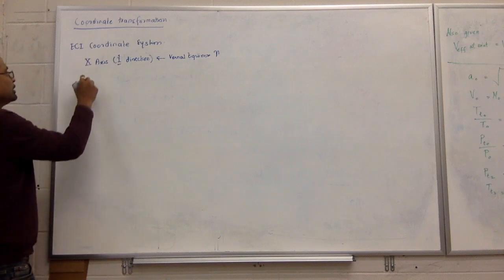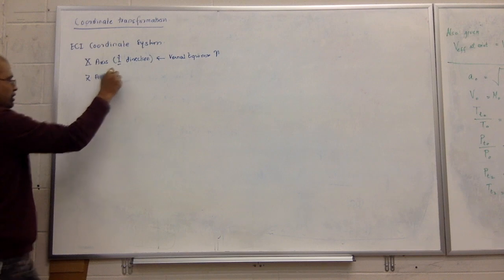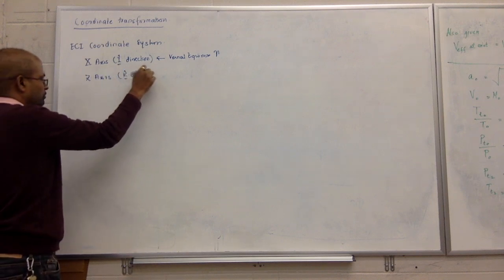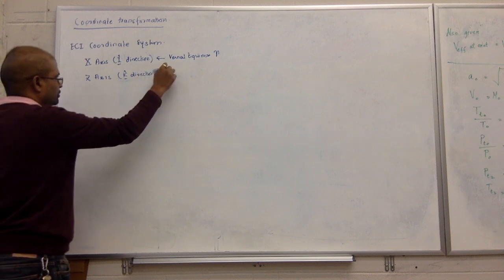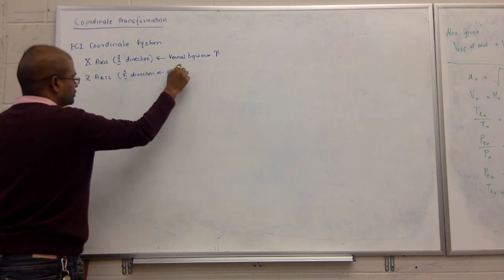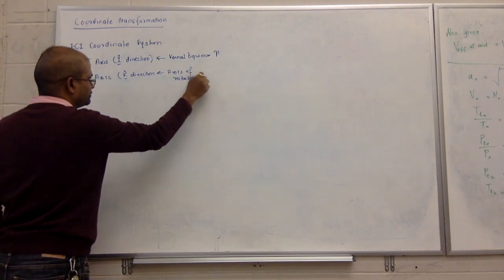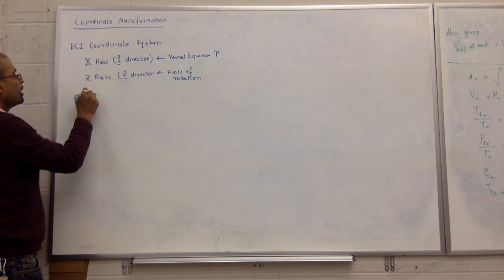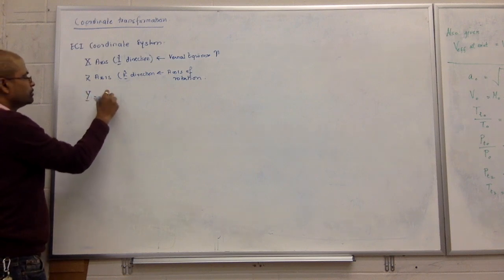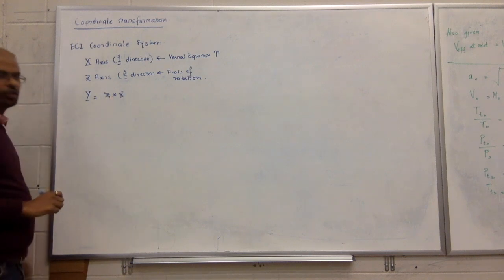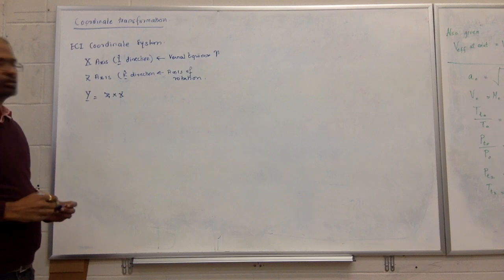The z-axis is the axis of rotation, the K direction, in the right-handed sense. And y simply completes the triad, z cross x.